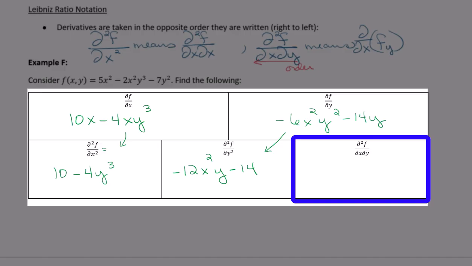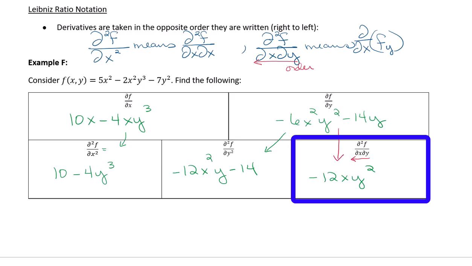And in the third block, remember it goes in the opposite order in this notation. So here we're going to use the y first, and now do it again with respect to x. We would get negative 12x y squared.